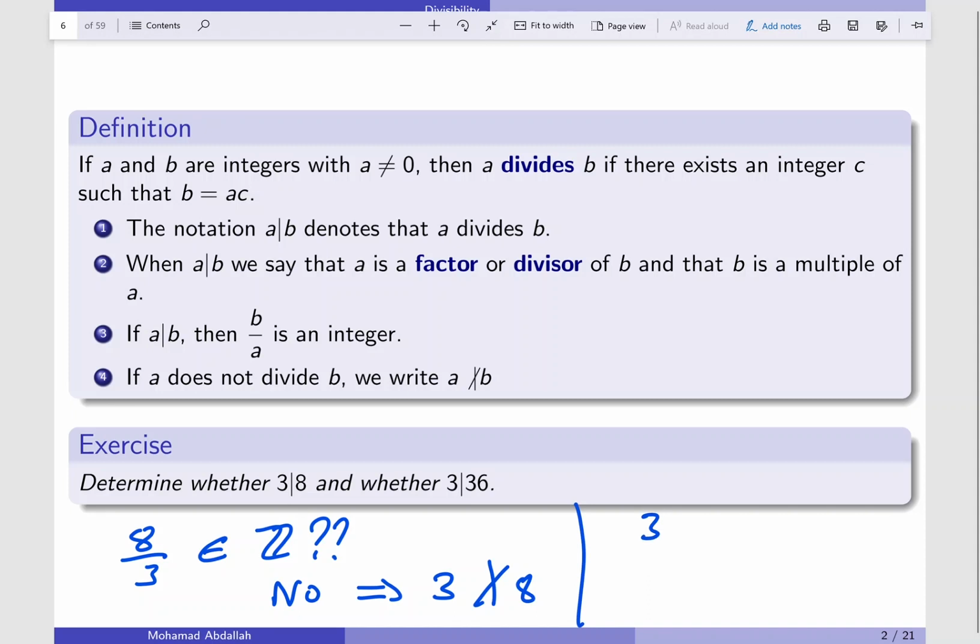Now, is 36 over 3 an integer? Yes. So that means that 3 divides 36. Moreover, 3 divides 36 because I can find an integer C such that 36 equals 3C, and this C is actually 12.